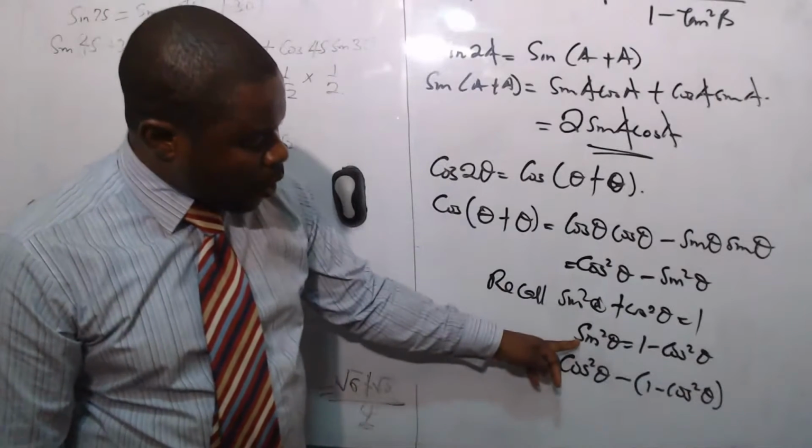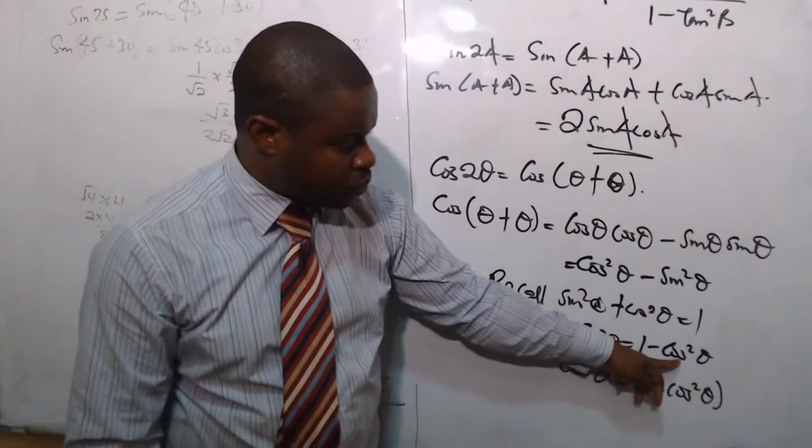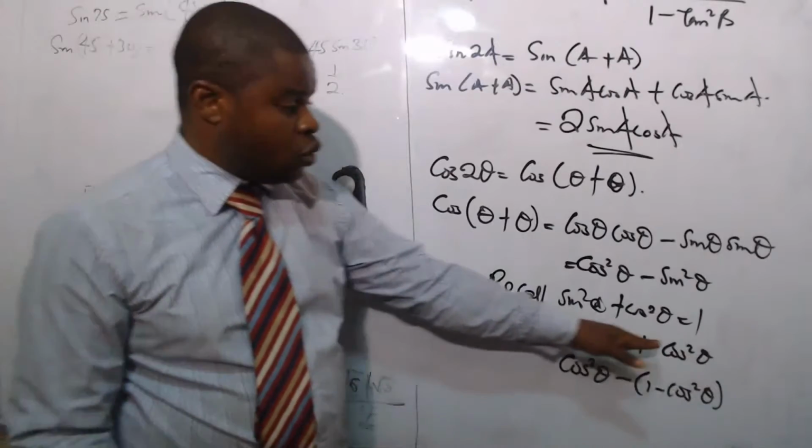Then we have sine square theta equals 1 minus cos square theta. So anywhere we have sine, we put that value.